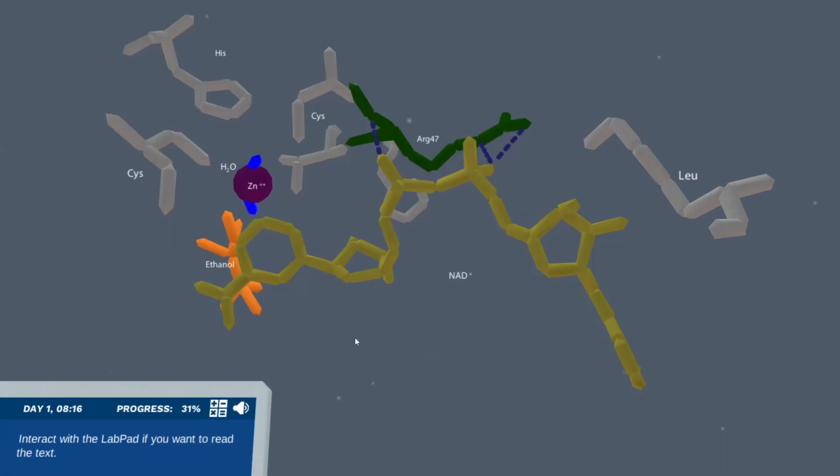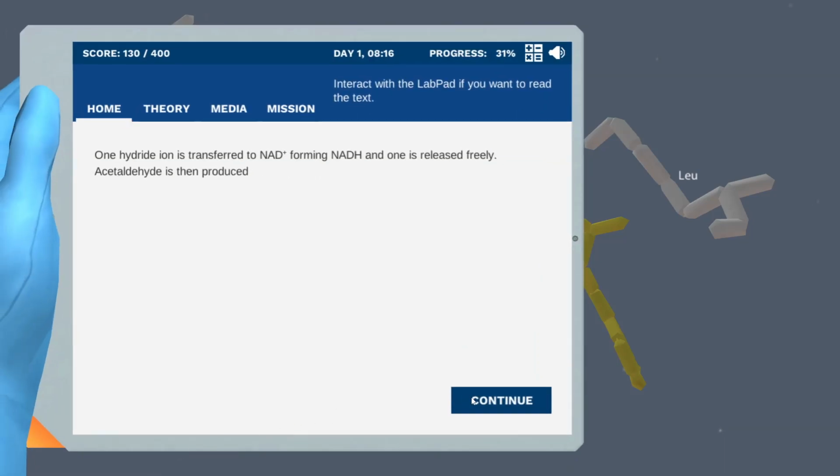One hydride ion is transferred to NAD+, forming NADH, and one is released freely. Acetaldehyde is then produced.